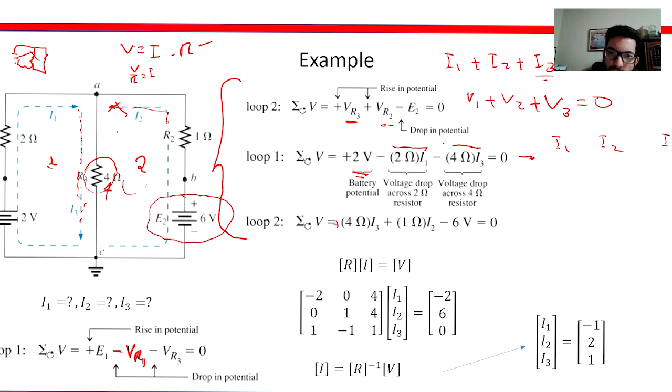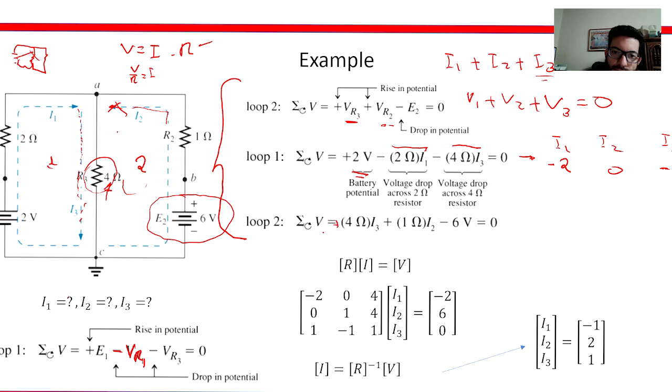So I1 is going to be negative 2, I2 is 0, and I3 is negative 4, and then the independent term, taking this to the right hand side, is negative 2. Good.